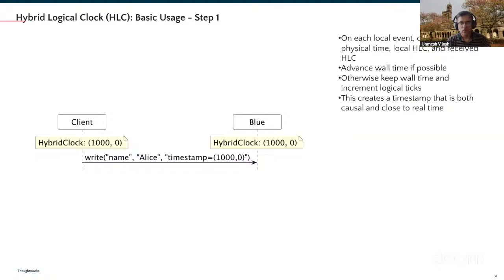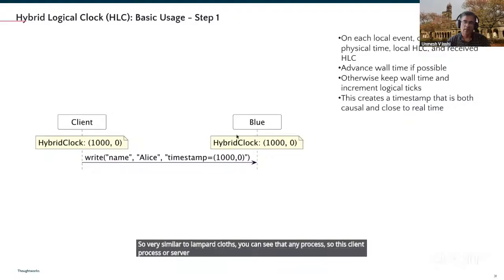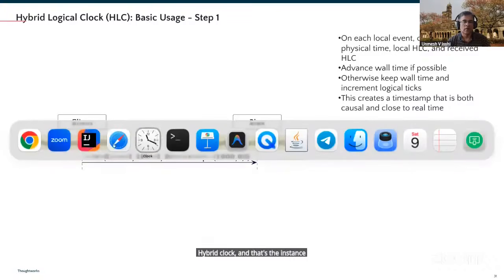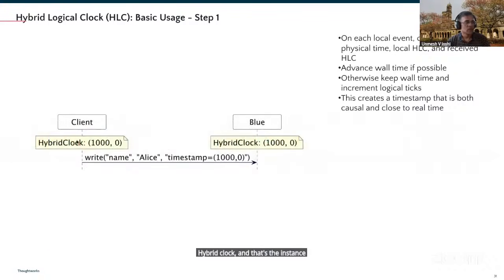So very similar to Lamport clocks, any process, a client process or a server process, keeps an instance of hybrid clock, and that's the instance that you see in the code.